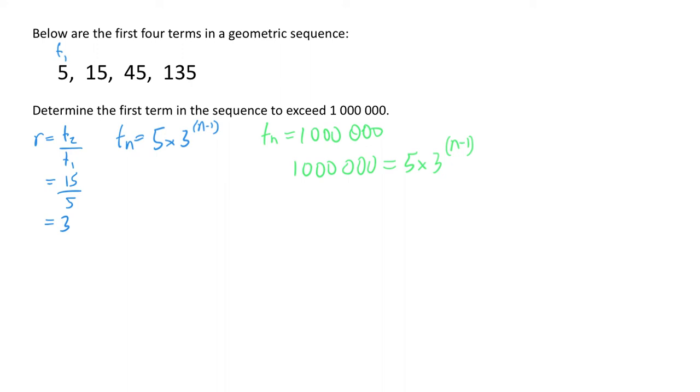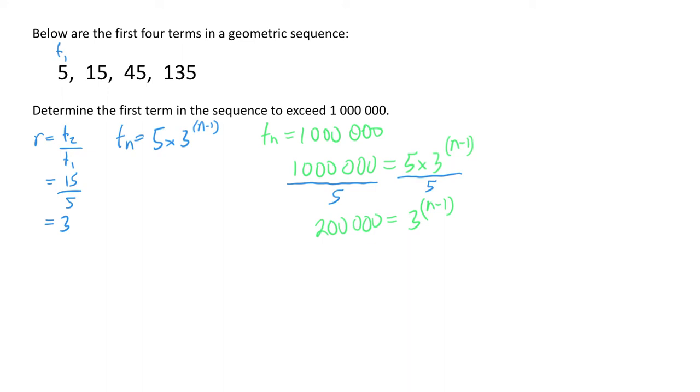I can simplify that by dividing both sides by 5. That leaves me with 200,000 equal to 3 to the power of n minus 1. That is as far as I can go in terms of rearranging the equation. What I do know is that 3 to the power of n minus 1 is equal to 200,000.